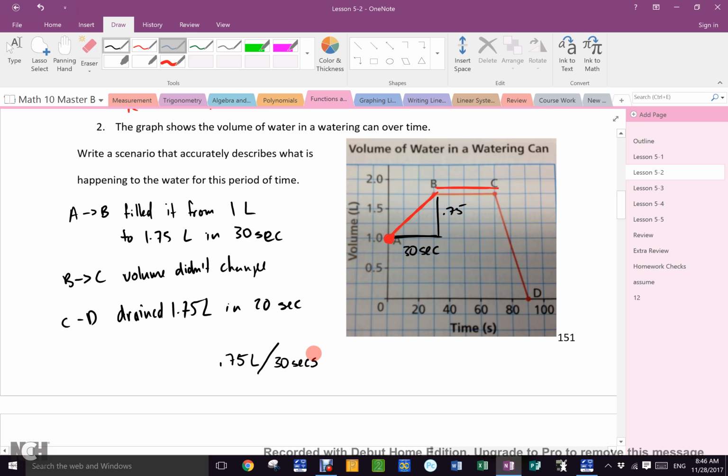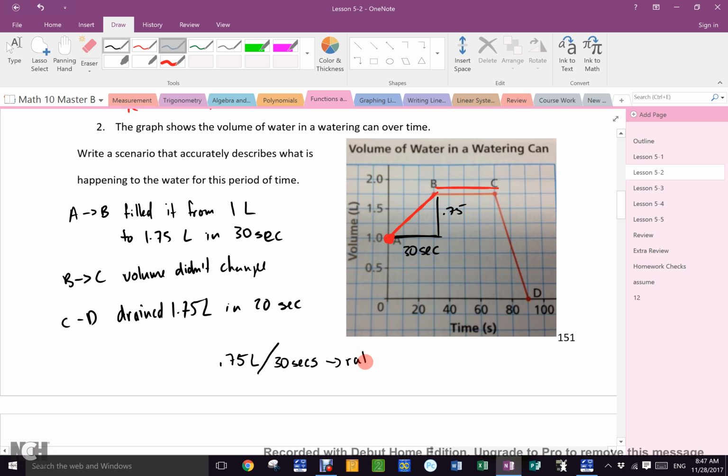Is that something that you have seen somewhere else in the world? Something compared to a time. Where? Driving, kilometers per hour, yes? Typing, words per minute, yes? Everybody with me? So this gave me a rate, didn't it?